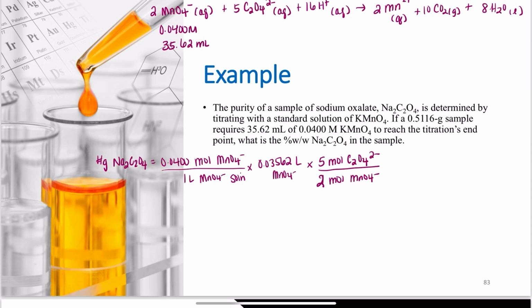Now that I've got moles of oxalate, I can go ahead and convert 2 moles of sodium oxalate. 1 mole of Na2C2O4 has 1 mole of C2O4 2 minus, and sodium oxalate weighs 134.0 grams for every 1 mole.